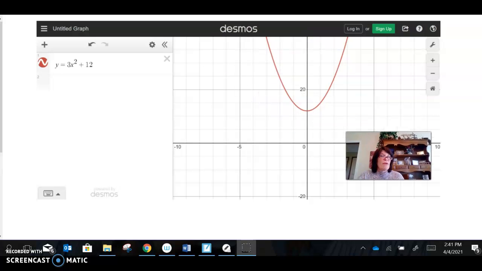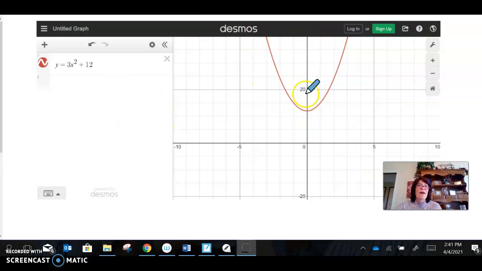We've been graphing our parabolas, right? Graphing our quadratic equations. Like I said, we were trying to solve 3x squared plus 12 equals 0. And I've been telling you, hey, graph y equals this. See where it crosses the x-axis, and those are your answers. This never crosses the x-axis because there are no real answers.